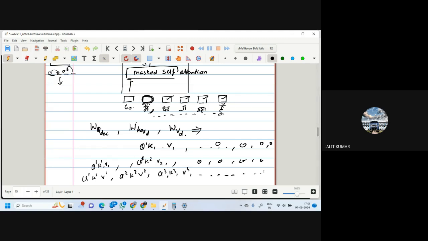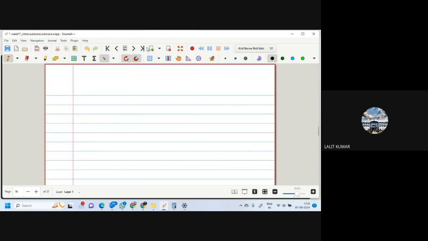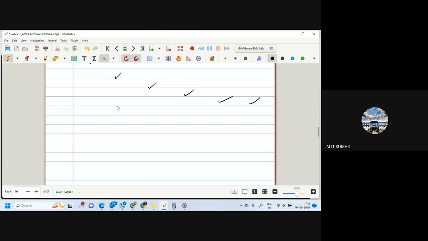Is this understood? Unlike the encoder, where all the inputs were available at one go, here they are coming one by one. So how do I use this?